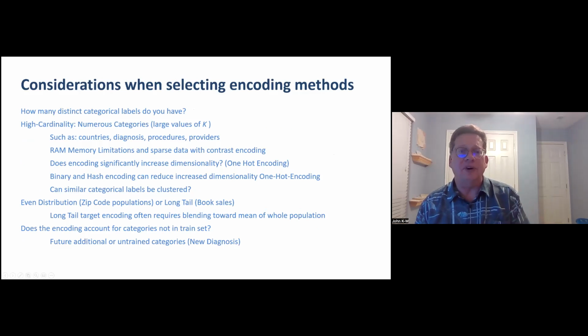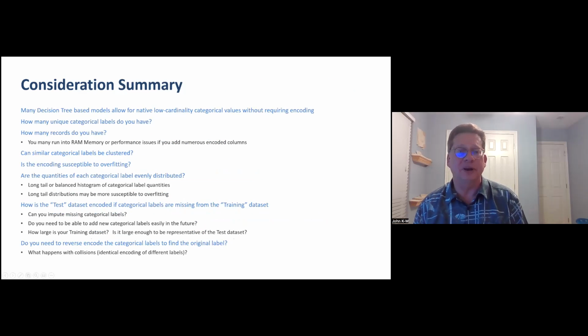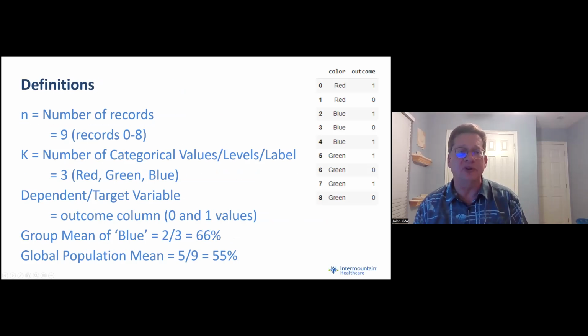And the various considerations, I'm not going to go into these right now, but as you're looking at different methods for doing the encoding, some of the things you want to think about, such as how many of the distinct categorical labels are included in the set, and some additional details.